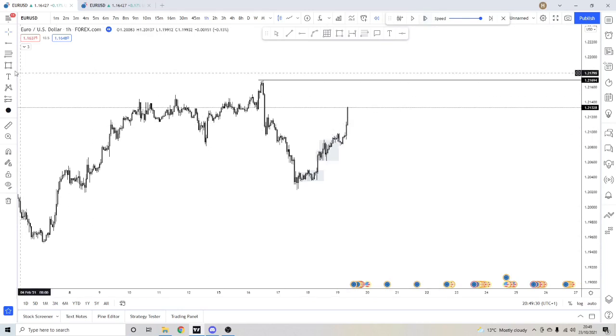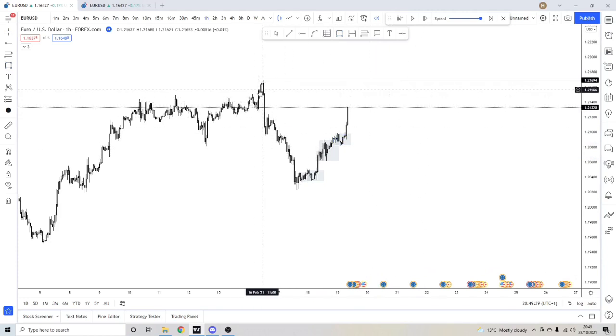The high is taken, cool. We now have a new range. Now price is coming back into these type of areas. Obviously, if the high time frame narrative is correct and we're on the right side of the market, this is just a reaction point for them to sell back into more buys.